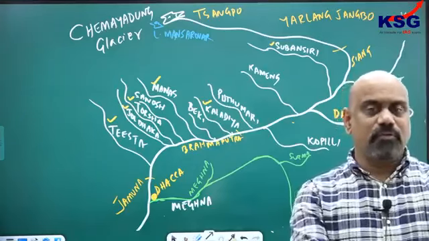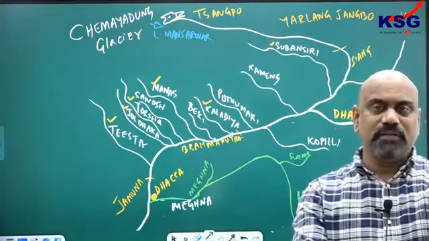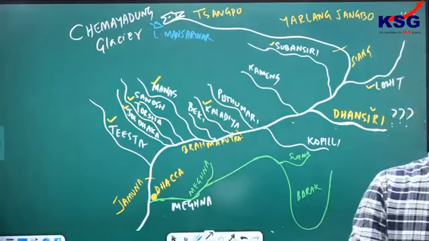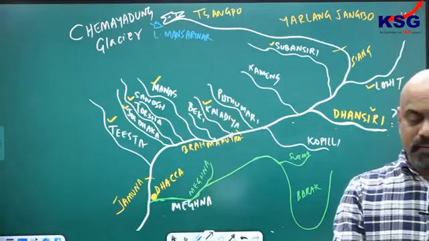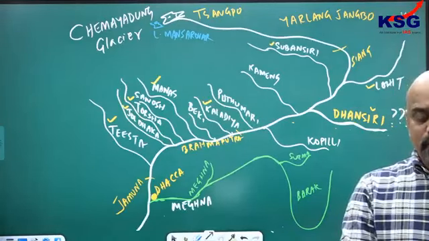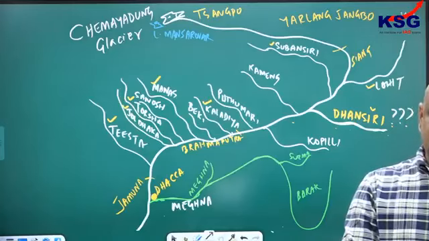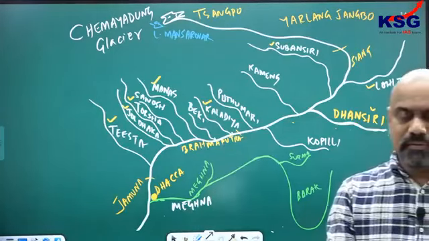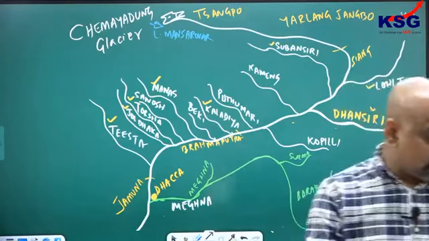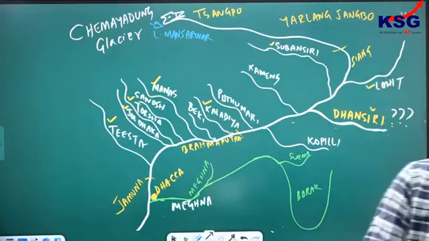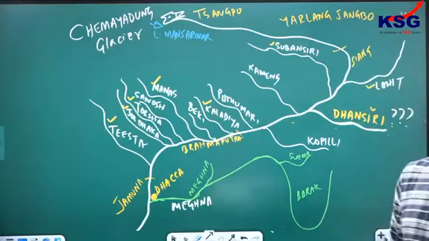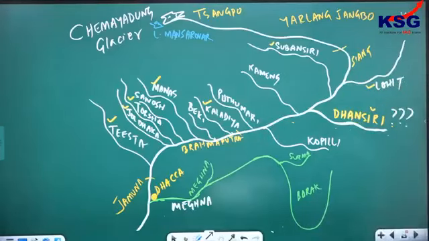Flood-prone river means the frequency of flood is more in this river. It flows in a westerly direction from Sadiya to Dhubri. Sadiya to Dhubri, it flows towards the west.